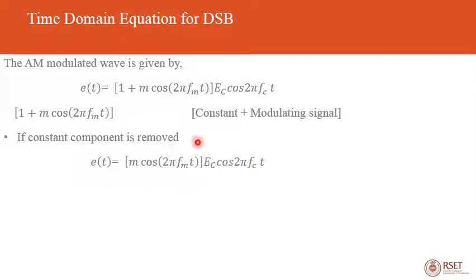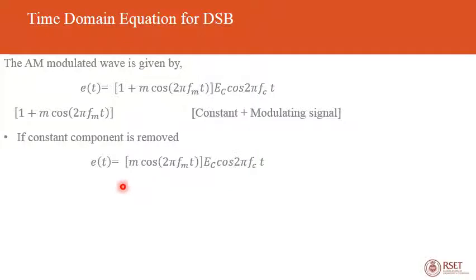For ease of analysis, we make use of one trigonometric formula: cos A into cos B is equal to cos (A plus B) by 2 plus cos (A minus B) by 2.